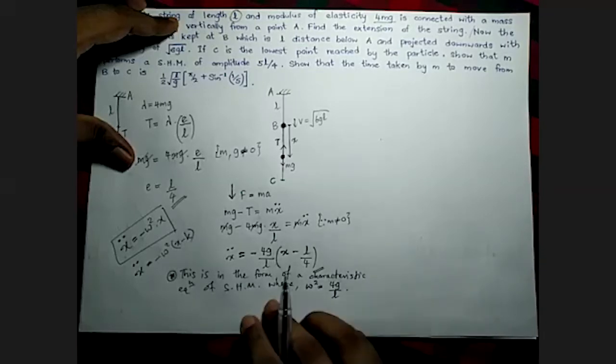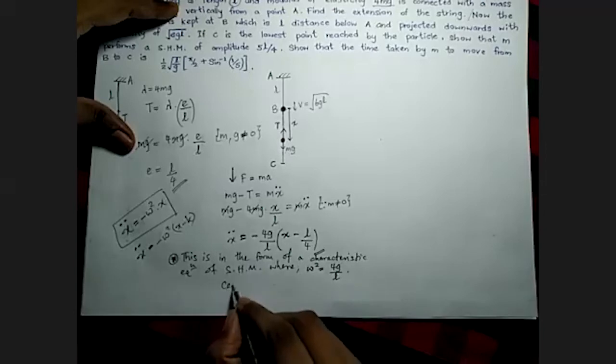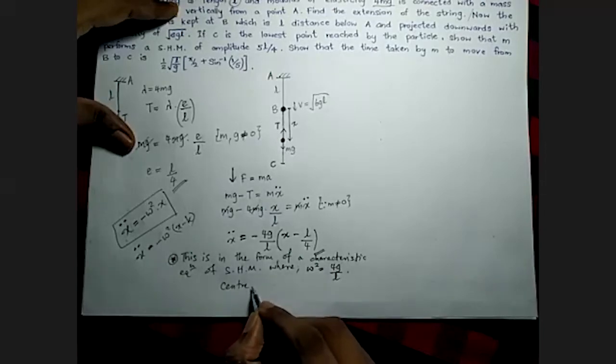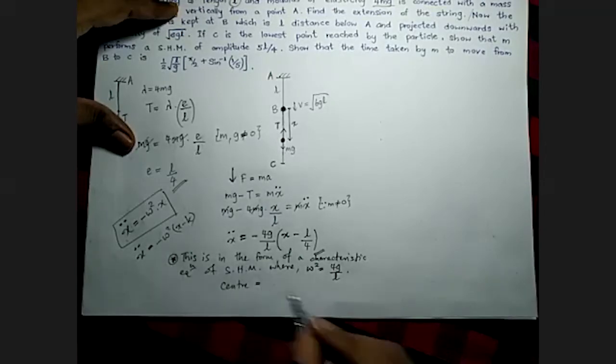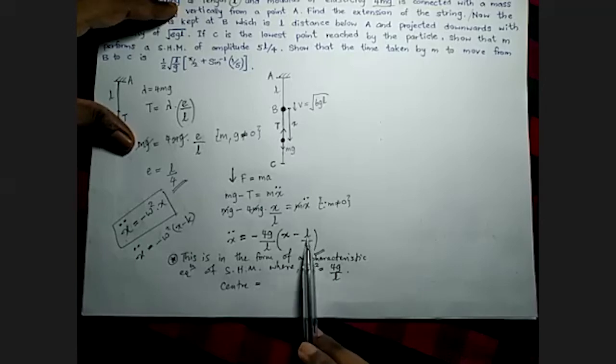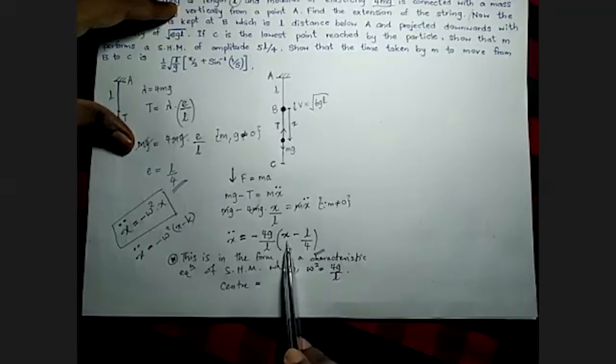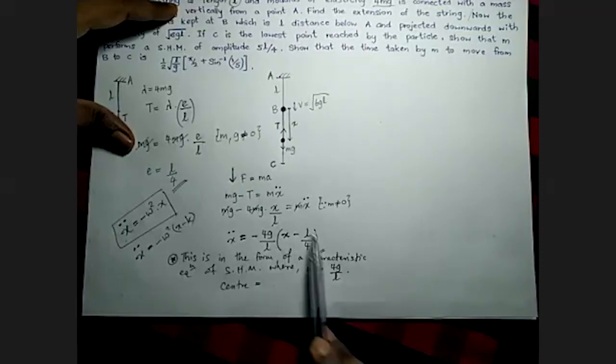And the center. What is the center of this simple harmonic motion? The center is the value of x when we equate this bracket to 0. How can we find x?